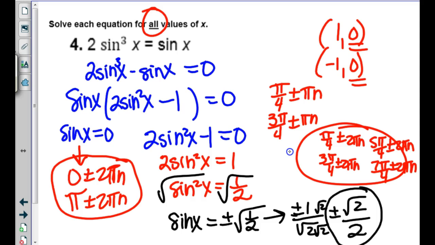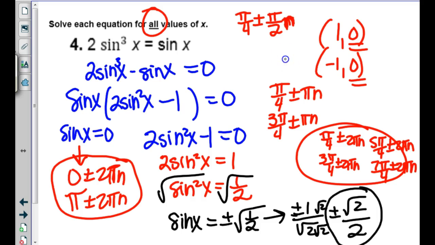If we were thinking in our head degrees, how far is it from 45 to the next one? 90, right? It's 45, 135, 225. You're adding 90 every time. So you're really adding a pi over 2. So the very shortest way to write it would say I'm going to add pi over 2 repeatedly.